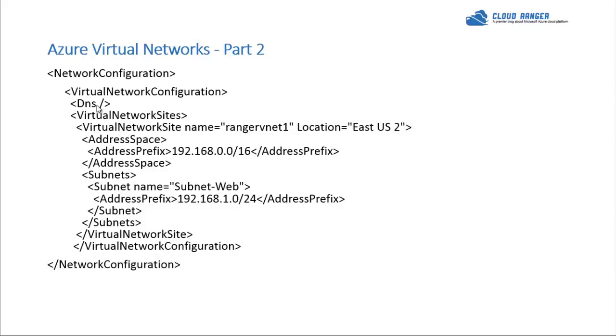Technically, there is no commandlet to just go and create a virtual network from PowerShell. What you have to do is take a configuration file and modify it or author it from scratch and have PowerShell import that to your subscription to create the network. We will go through one of those actually.